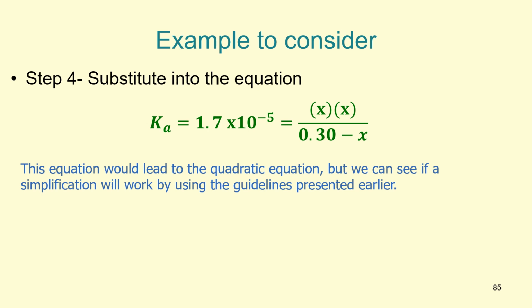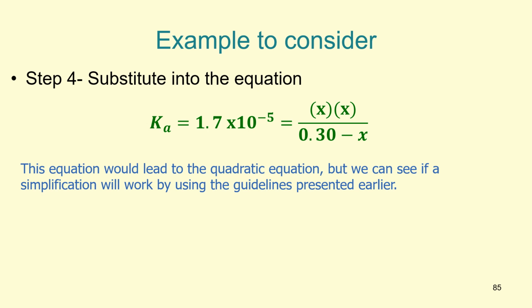So like I said, if you wanted to solve this for X, you would have to use the quadratic equation. It would take some rearranging. It's not super hard. You all could do it, but we're all into trying to make things a little bit easier. So we're going to try to see if our simplification substitution will work.